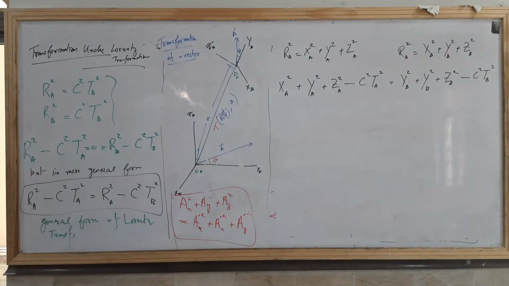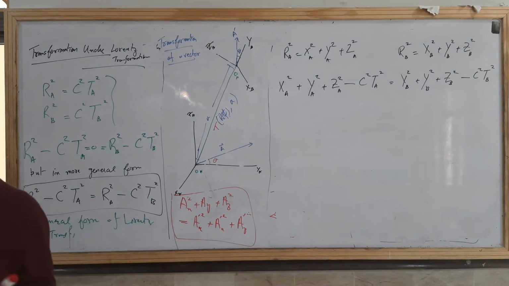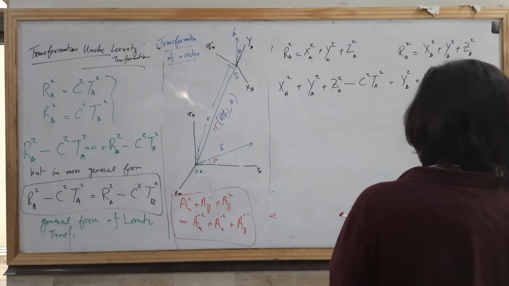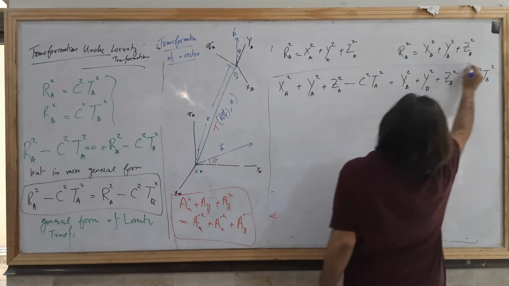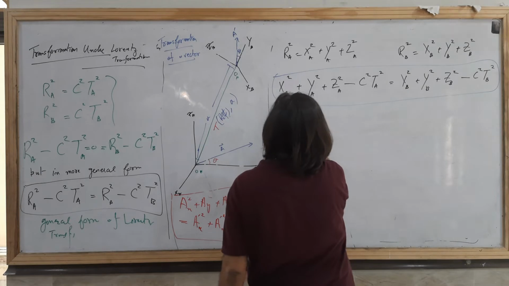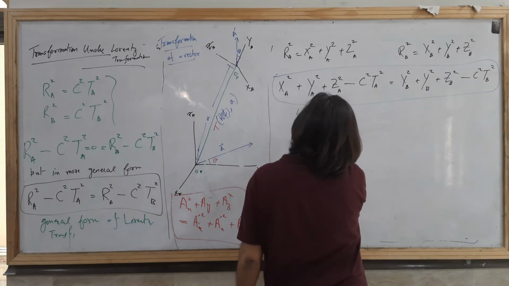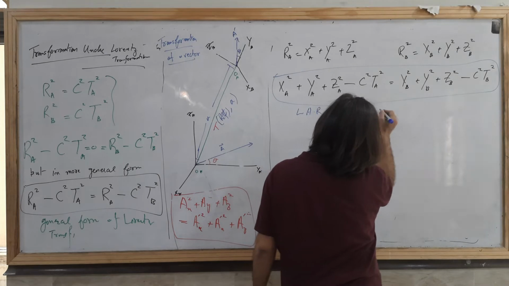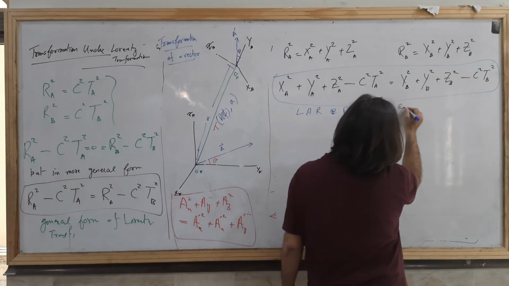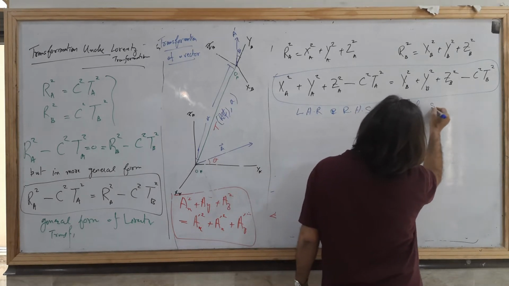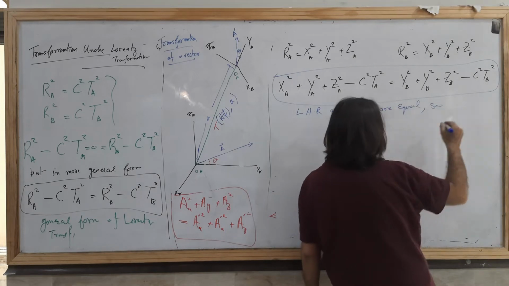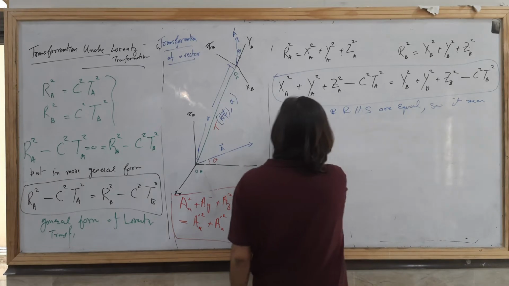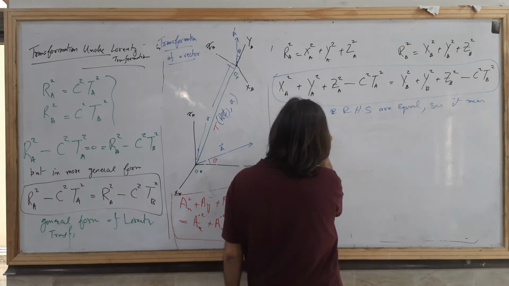So in that case, this is constant. Since the left hand side and right hand side are equal, it means it is invariant.